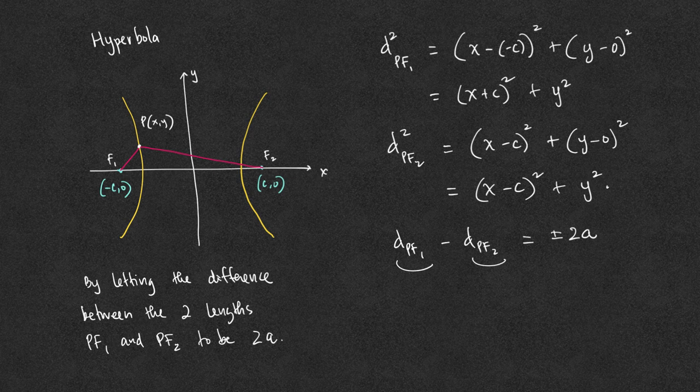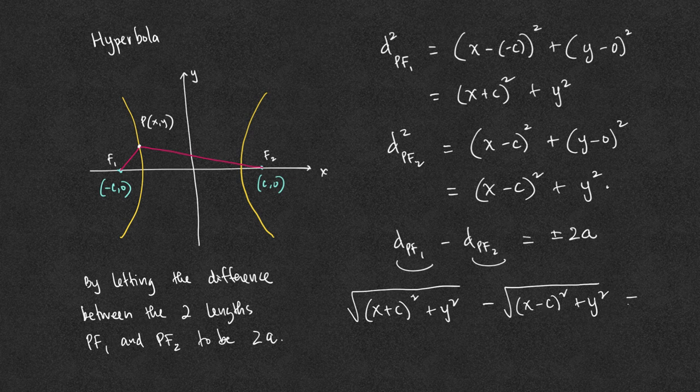Or if PF1 is shorter than PF2, then we'll end up with negative 2a. The distance PF1, the square root of x plus c squared plus y squared, minus the distance PF2, the square root of x minus c squared plus y squared, equals plus or minus 2a.